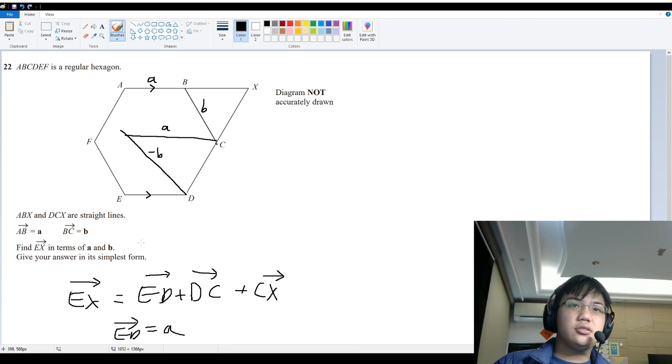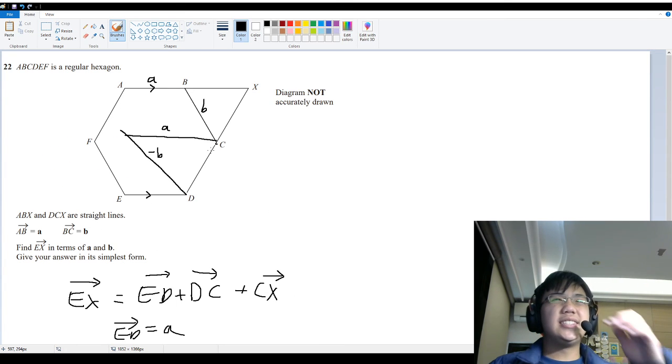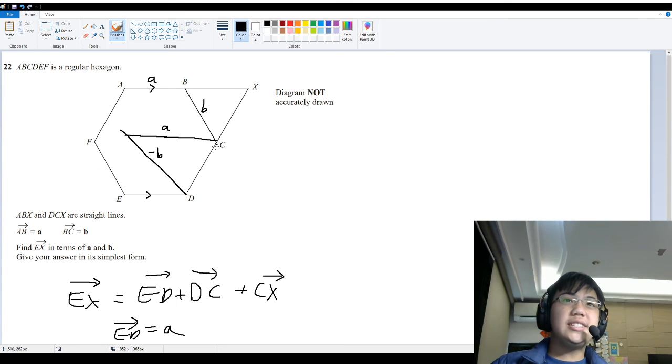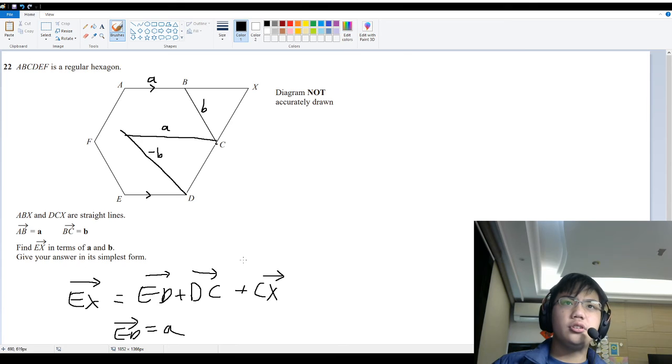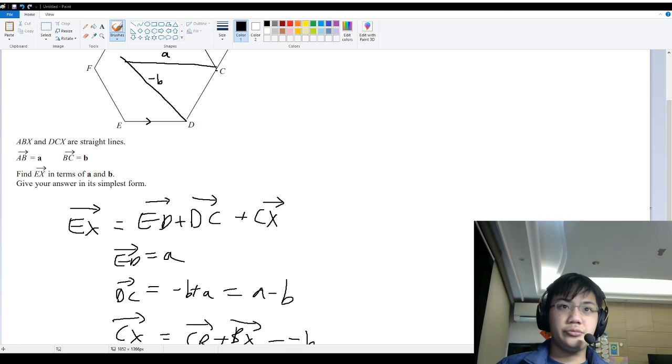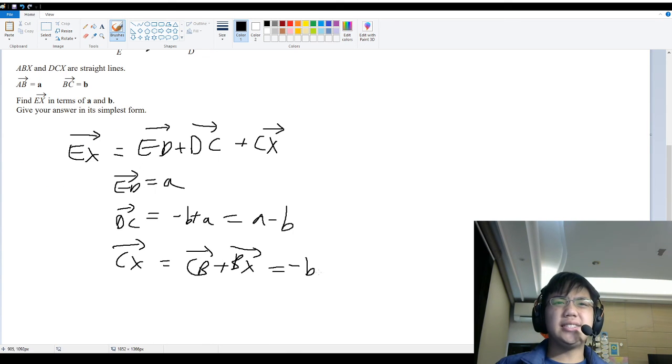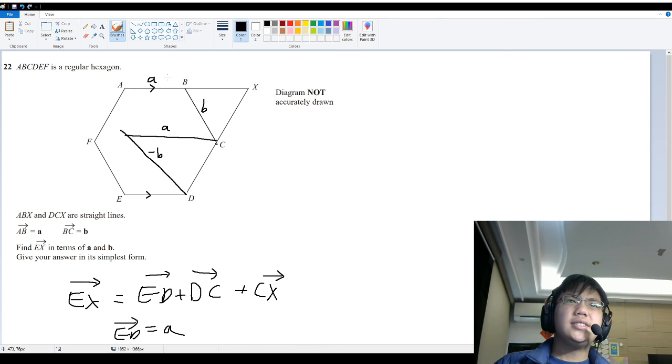For C to X, it is the same kind of vector, where you go from C to B, then B to X. C to B is basically negative b, and B to X is basically a, since b is up here and a is this way.